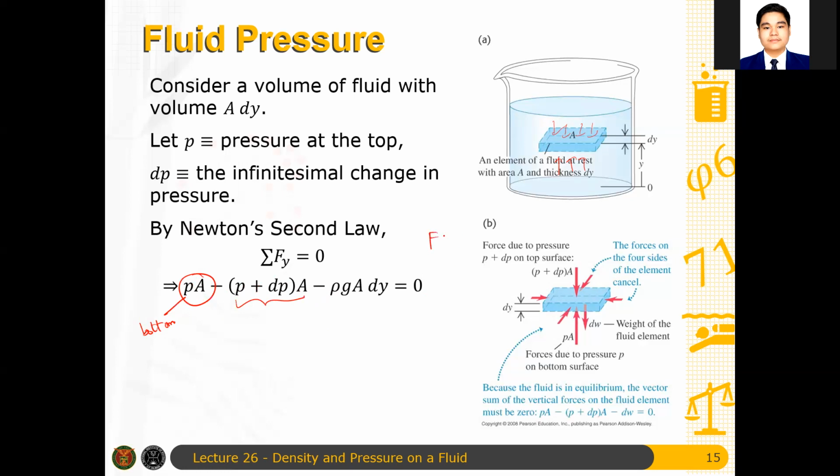Remember, pressure is force over area, and hence force is just pressure times area. And thus this term here is the force exerted from the bottom, which is acting upward, kasi nga parang sinasandwich siya, yung column ng fluid natin sinasandwich. And then this is the pressure at the top. And then this one here is basically the total volume of the fluid multiplied by the density, which is basically the weight of the fluid.